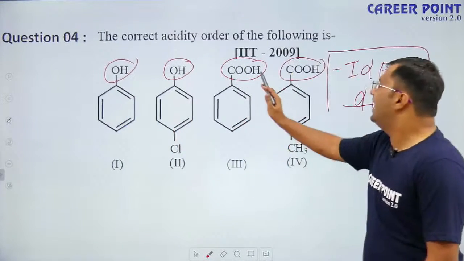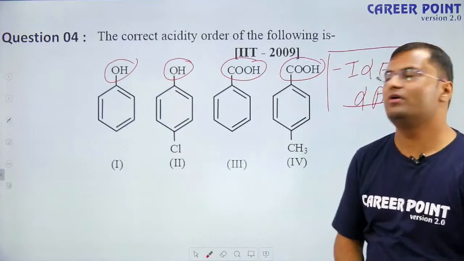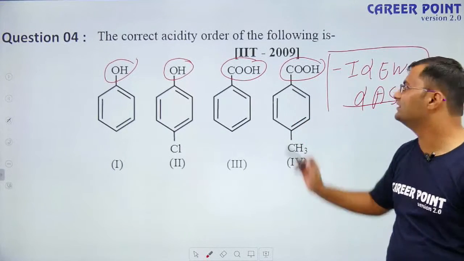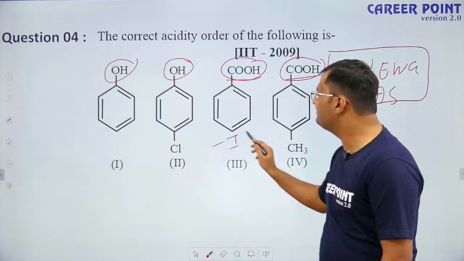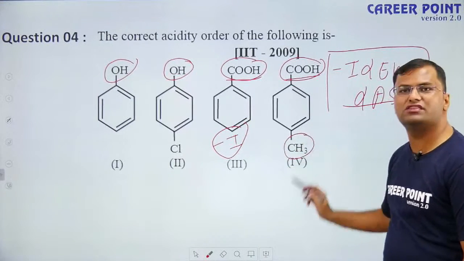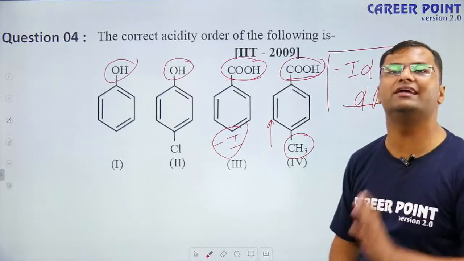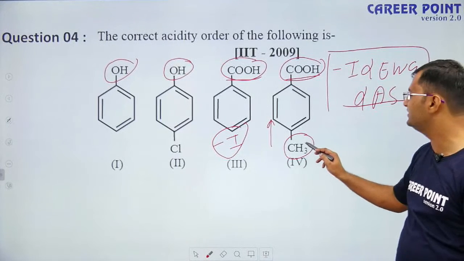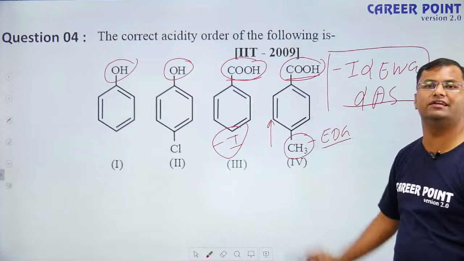Clear? Now according to this benzoic acid and this benzoic acid, we have to find out the acidic strength. First is COOH, second is COOH. Now this causes minus I effect because this is more acidic, but this CH3 is an electron donating group, so it decreases the acidity of the compound.